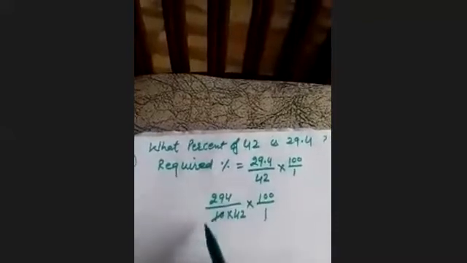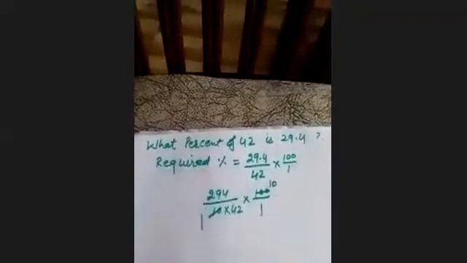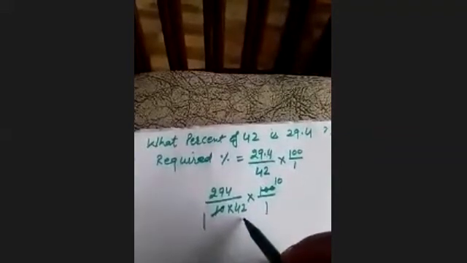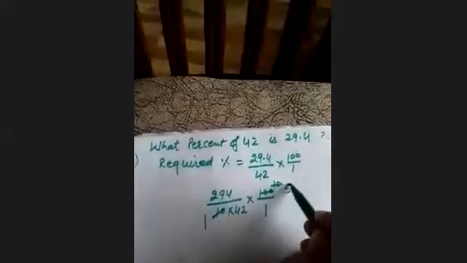Now 10 1s are 10, 10 10s are 100. Now students, we will divide by 2. 5, 2 5s are 10, 21.